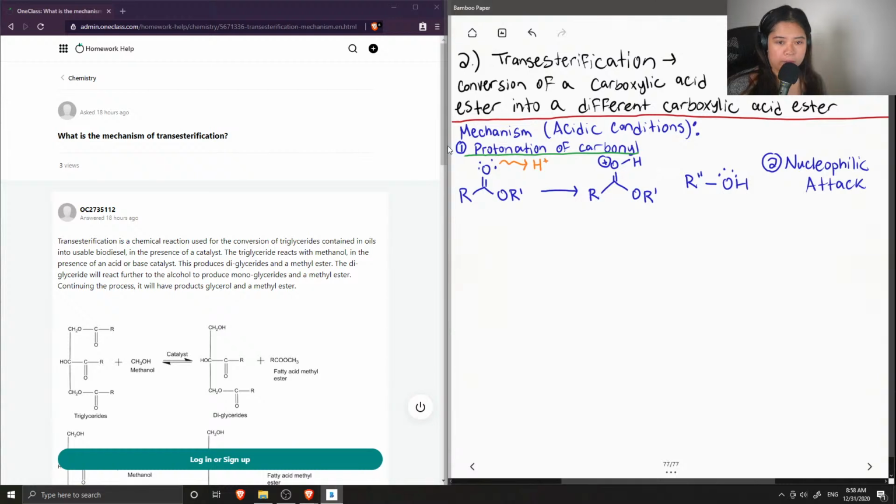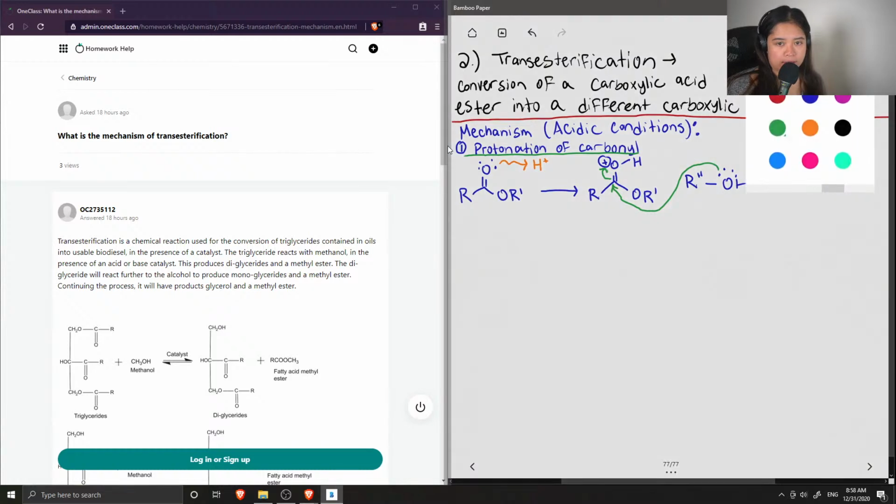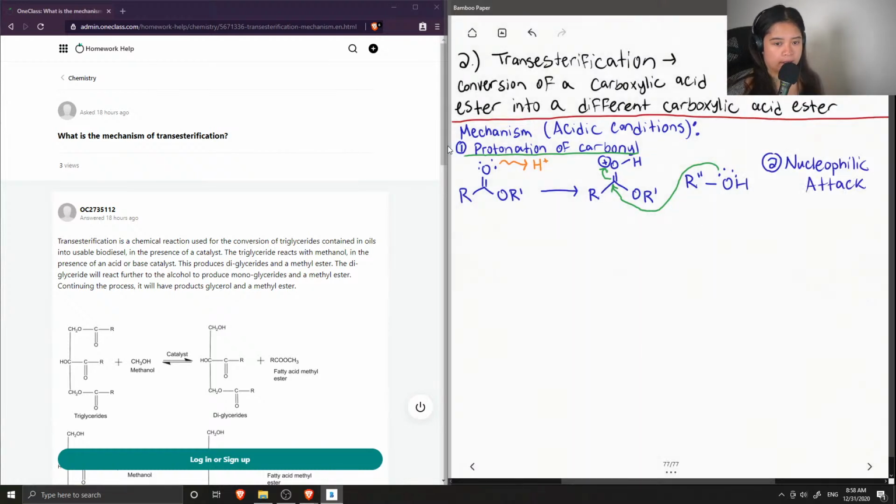So one of the lone pairs on this alcohol comes in and attacks this carbon, and it neutralizes the positively charged oxygen.